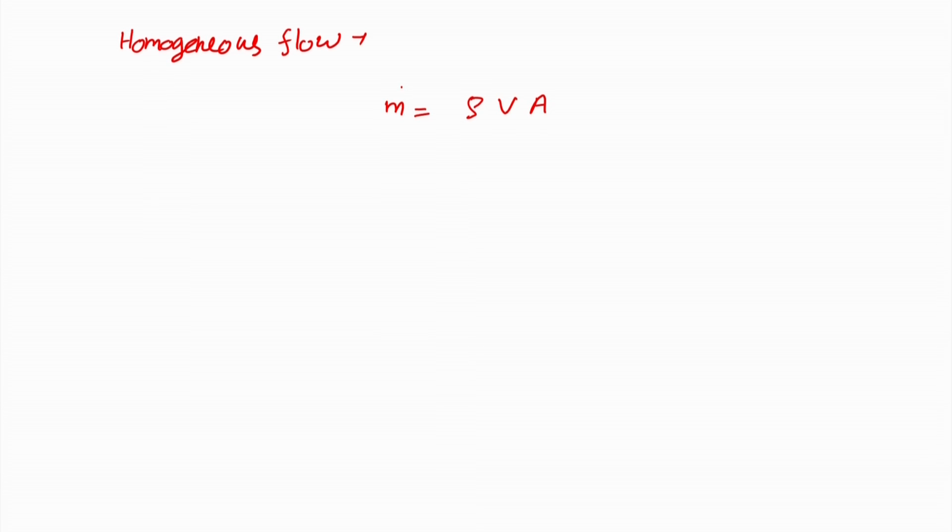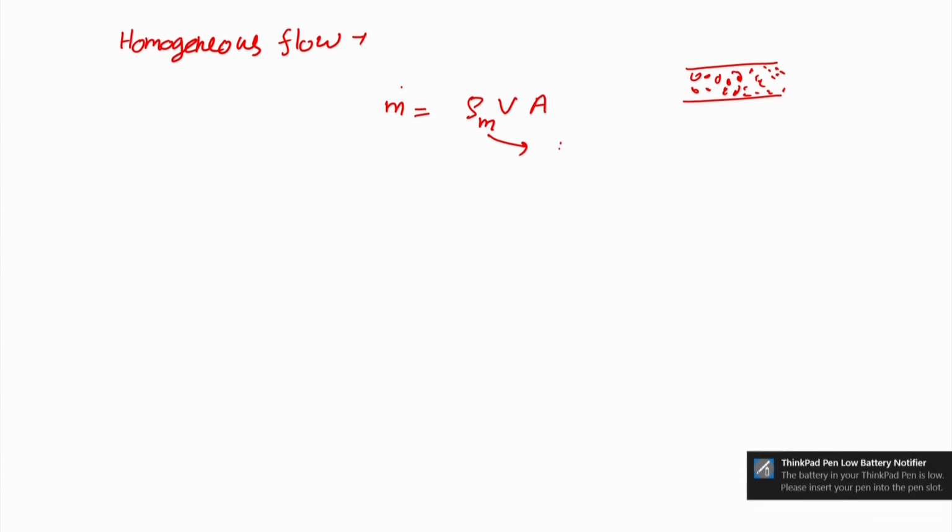Suppose this is the pipeline, and both gas and liquid are homogeneously mixed and flowing together. Because they now behave as a mixture, I can reduce it in terms of mixture density, so I will write rho m, where rho m is the mixture density.